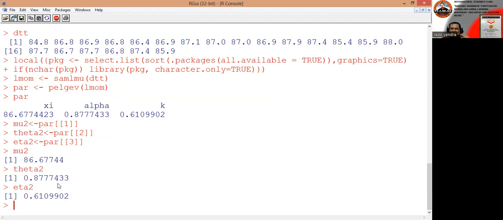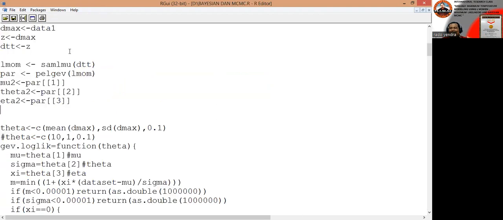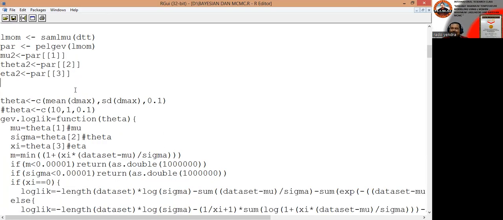After we take the parameters by using L-moments, we use other methods like maximum likelihood and Bayesian Markov chain Monte Carlo. I think these two methods we have already discussed, so it is not important to spend much more time on them.